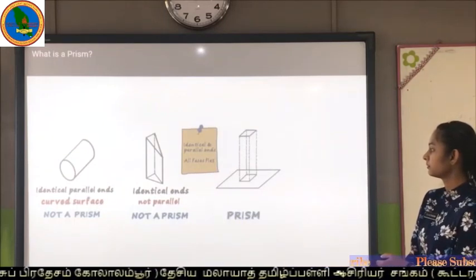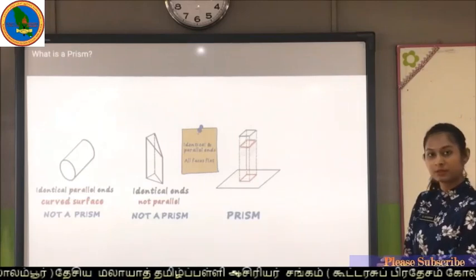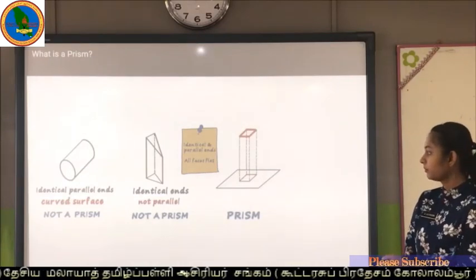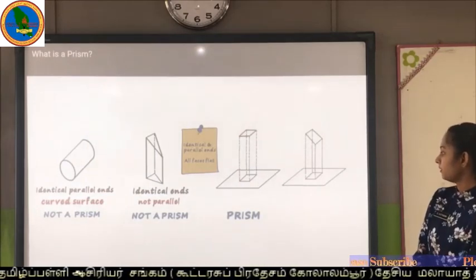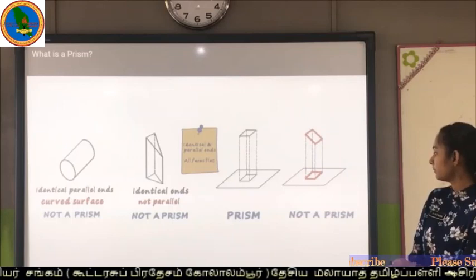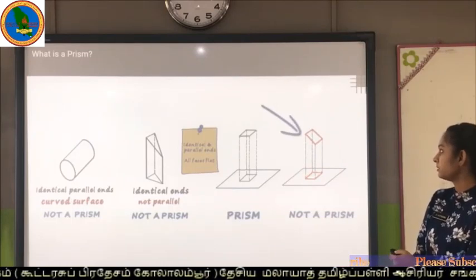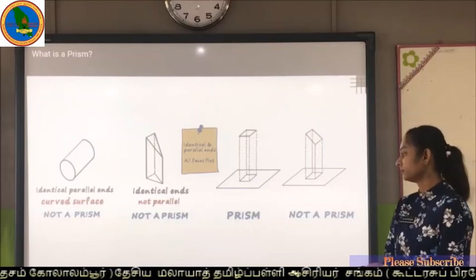In this figure, we have projected all sides to the same height. But what if we do not project all the sides to equal heights? If we do not project it equally like in this figure, we do not get a prism. This is not a prism as its ends are not parallel.